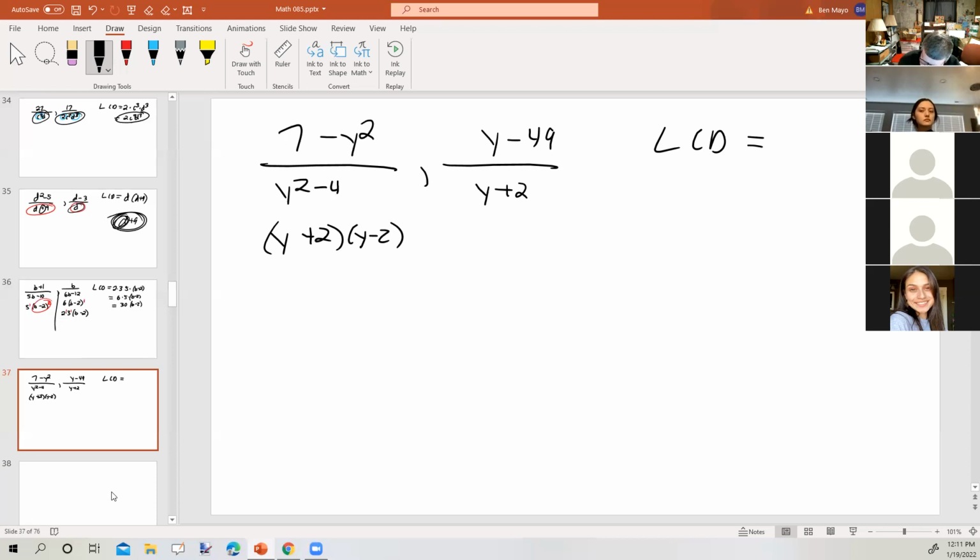So what's my highest power of y plus 2? 1. What's my highest power of y minus 2? 1. So again, there are implied ones in all of these. Oh, okay. I was putting those y plus 2's together and thinking they were to the second power. They don't like each other. They won't even talk to each other. You can't put them together. They'll just fight.